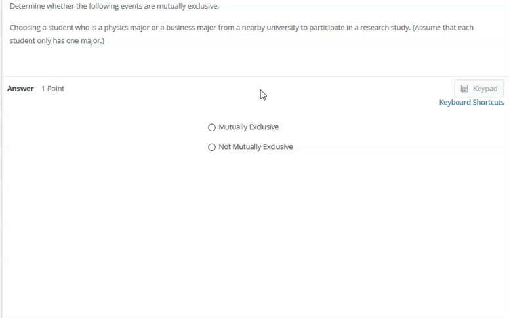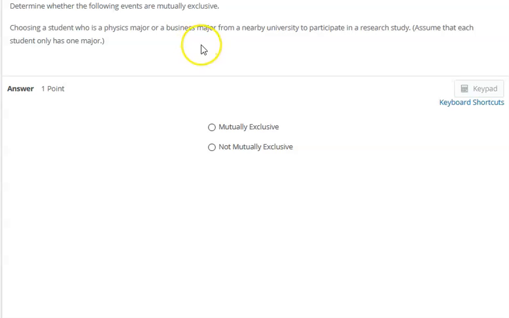In this next example, we're asked to choose a student who is a physics major or a business major from a nearby university to participate in a research study. Assume that each student has only one major.